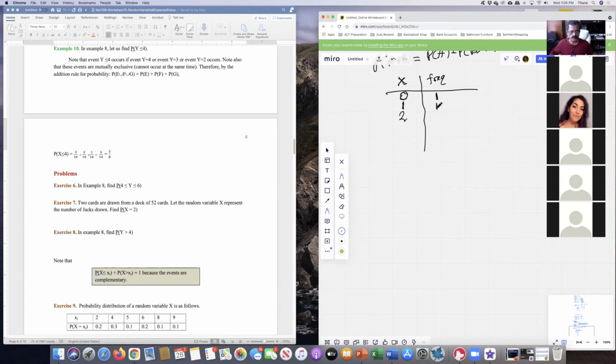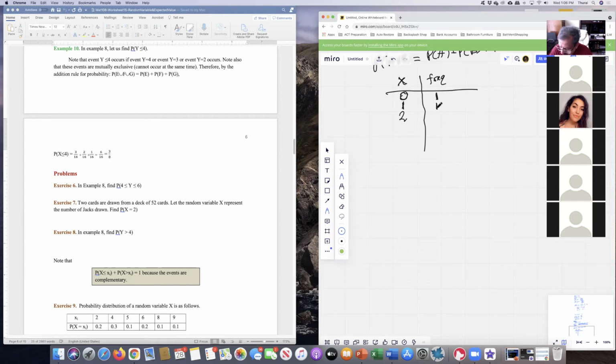And you have to look at all the possible jacks. You had to look at all the possible outcomes here. You're taking two cards. So when they're both jacks, you have to look at the sample space and take all the outcomes that have two jacks. Understand what I mean? To count them.